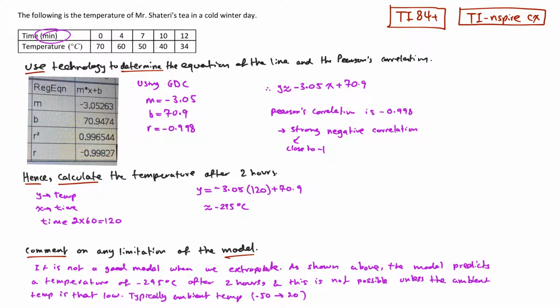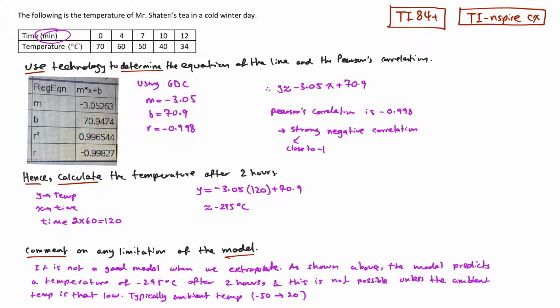So I hope this video gave you some good ideas about how to use your calculator to find the equation of the line and how to use that set of information to answer real-life problems and how to talk about limitations of your model. Remember that every question will be different and every model will have different limitations, so you need to keep that in consideration.